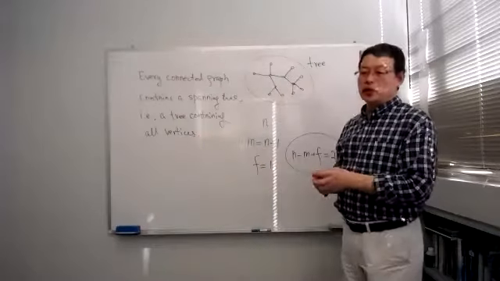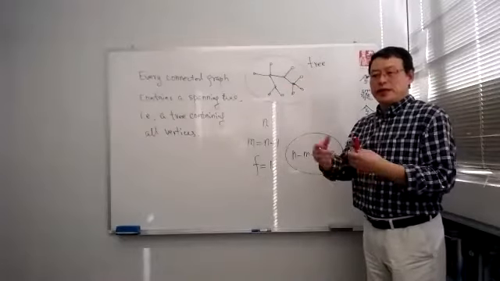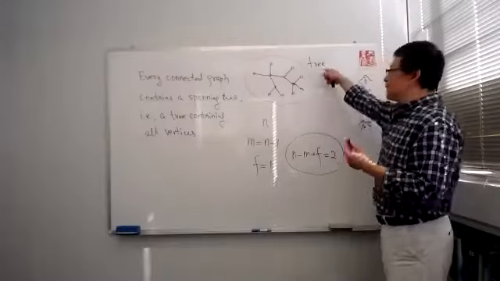That's very easy to prove. Find a cycle and remove one edge out of the cycle. Eventually, we cannot have a cycle at all. The graph is connected and has no cycle.